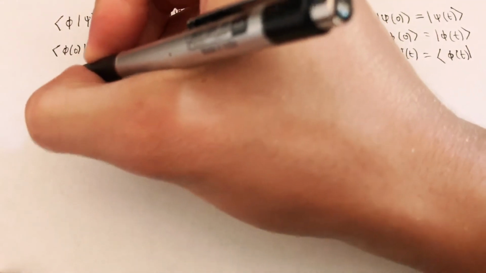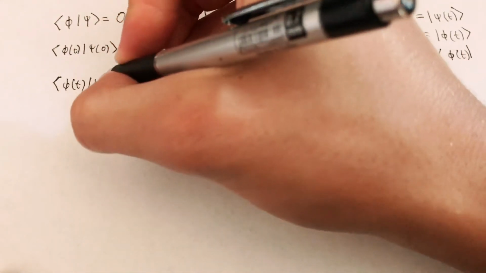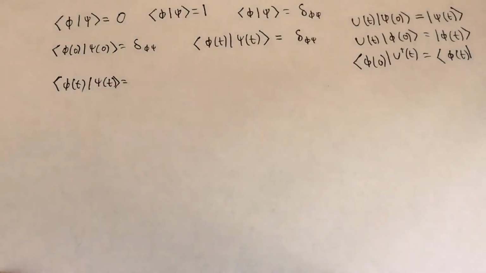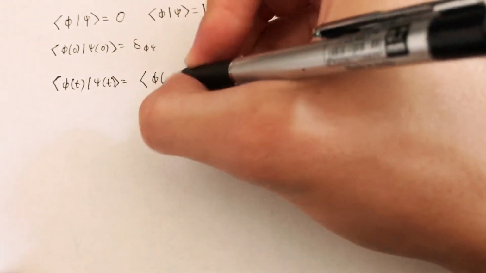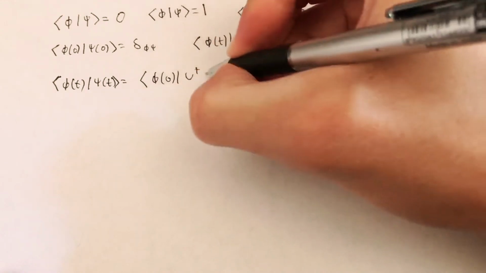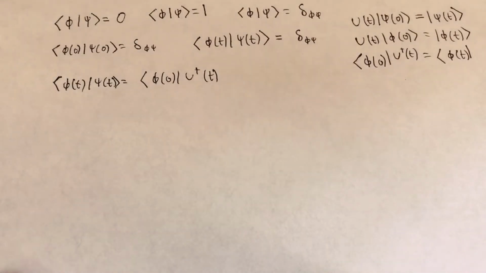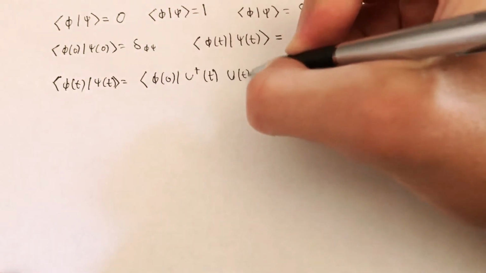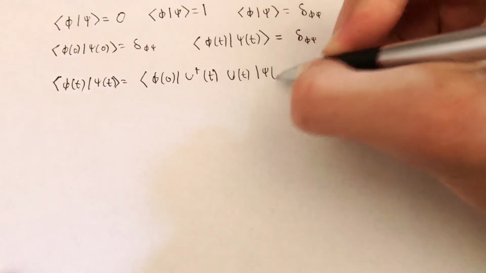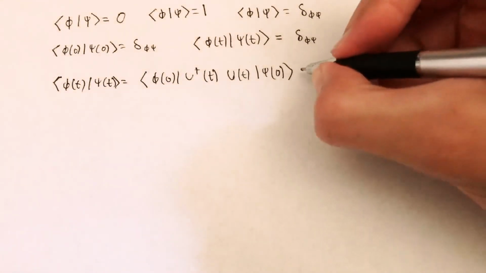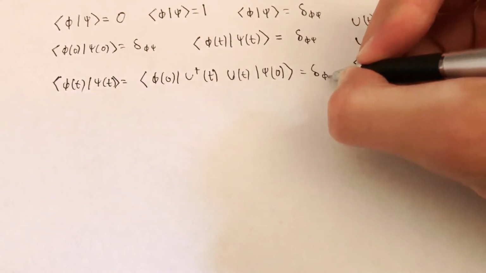In other words, phi of t, inner product with psi of t, is the same as writing phi of 0 times the Hermitian conjugate of the U operator, multiplied by U of t, psi of 0. We know this has to equal the delta of phi and psi.